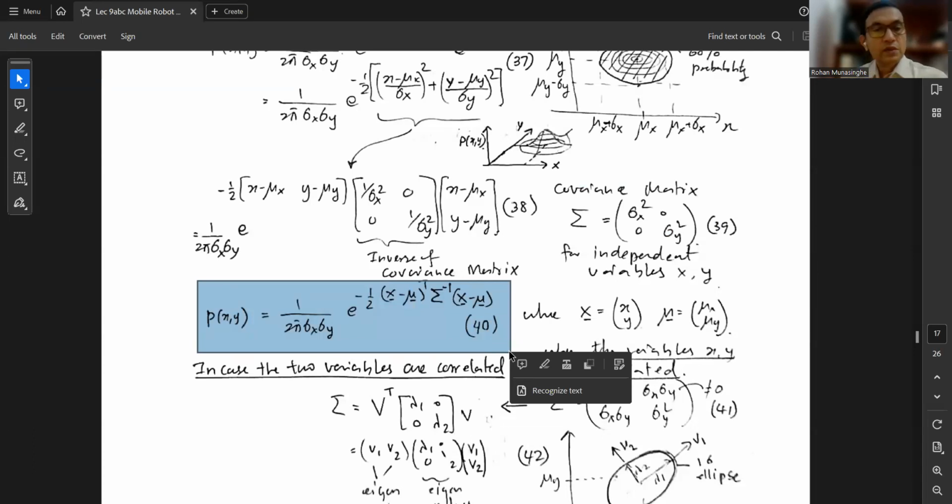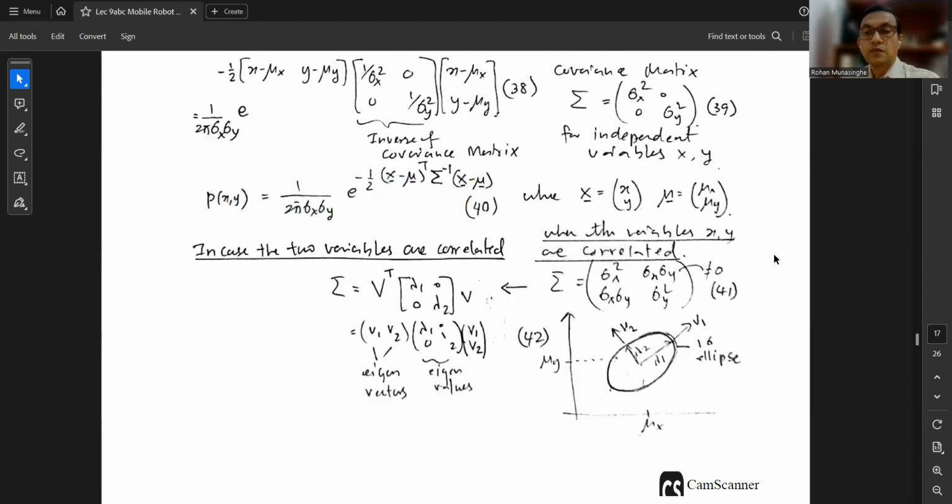With 1 over 2 pi sigma x sigma y as the normalizing factor times e to the minus half x minus mu transpose, to make the column vector a row vector, and then the inverse covariance matrix sigma minus 1 followed by x minus mu. So when I say x, it's not the scalar x now, it's the vector x.